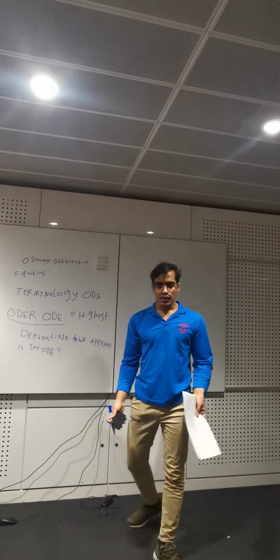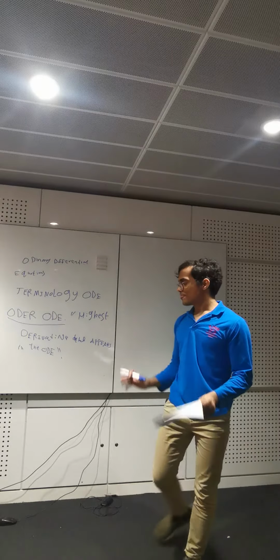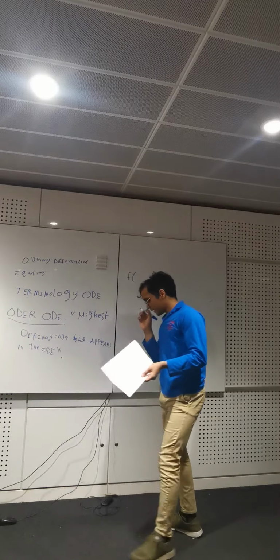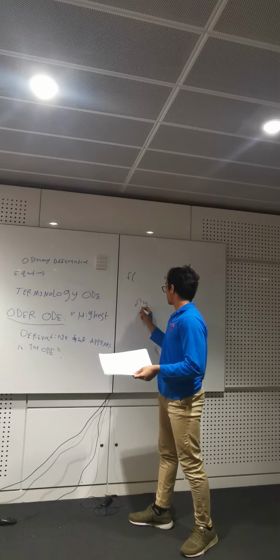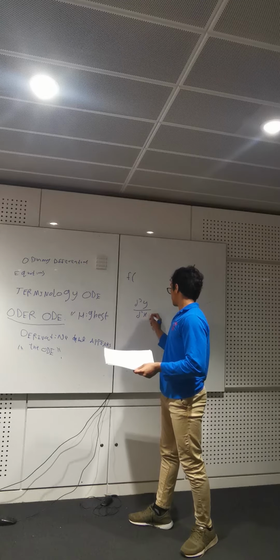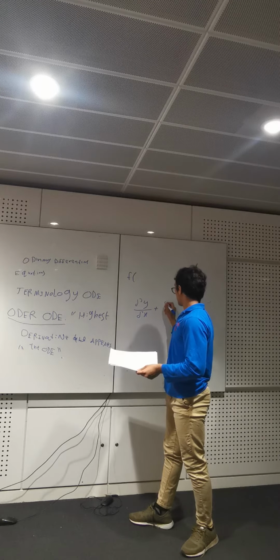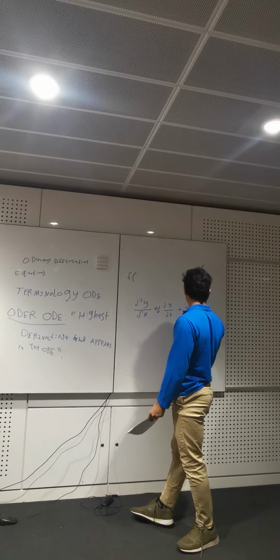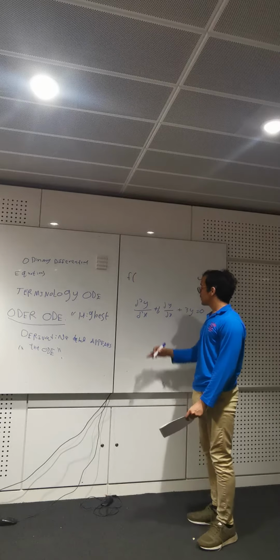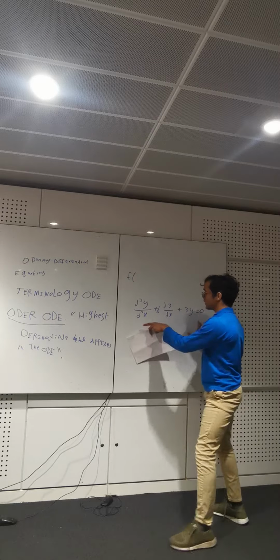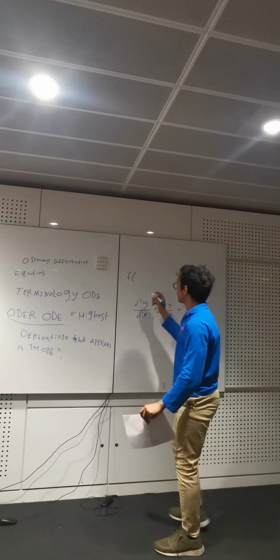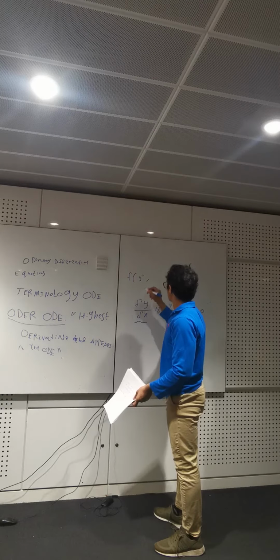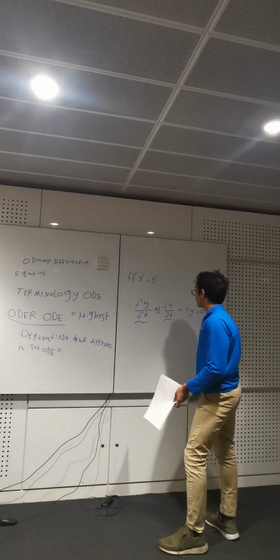If you want to write it in a more mathematical form, let's write the last equation again. We can write this thing as a function of y double prime, which is the second derivative, also a function of y prime, which is the first derivative.